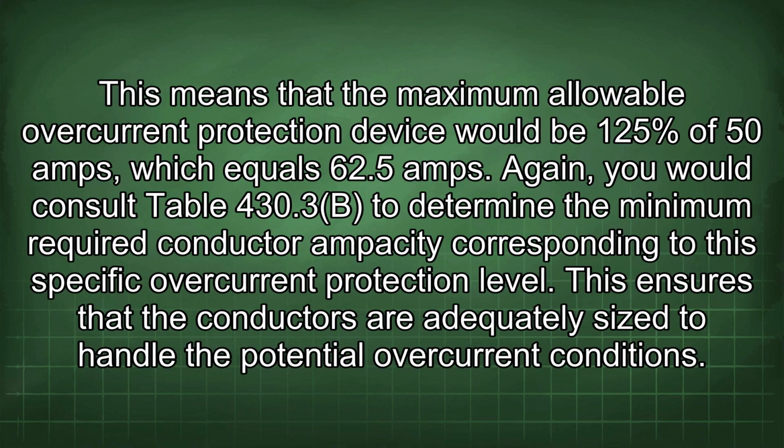This means that the maximum allowable overcurrent protection device would be 125% of 50 amps, which equals 62.5 amps. Again, you would consult Table 430.3(b) to determine the minimum required conductor ampacity corresponding to this specific overcurrent protection level. This ensures that the conductors are adequately sized to handle the potential overcurrent conditions.